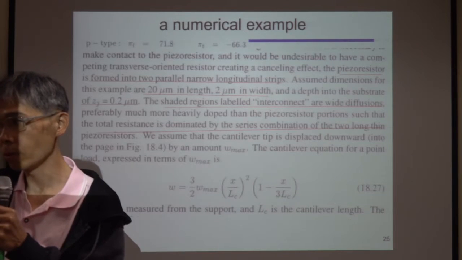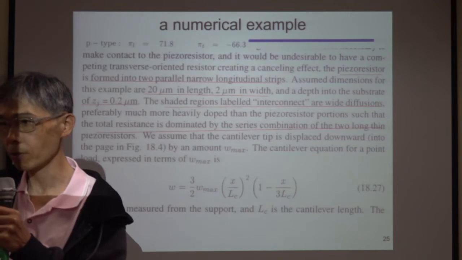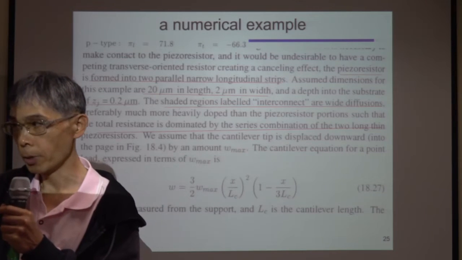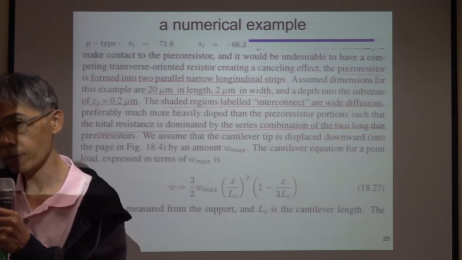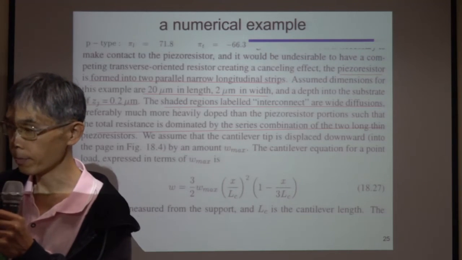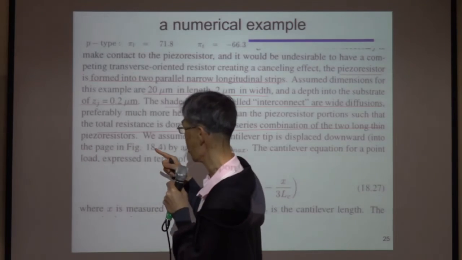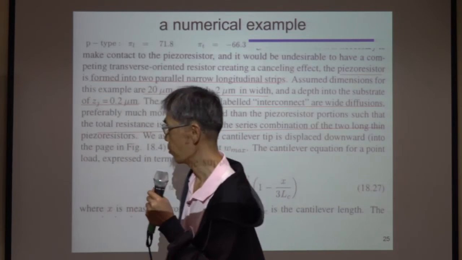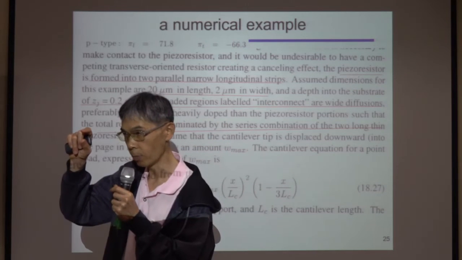So 0.2 is very, very small compared to 5 micro. So we assume the piezoresistor is on the top surface of the beam, and we just use the top stress for them. We don't consider the thickness of the piezoresistor.